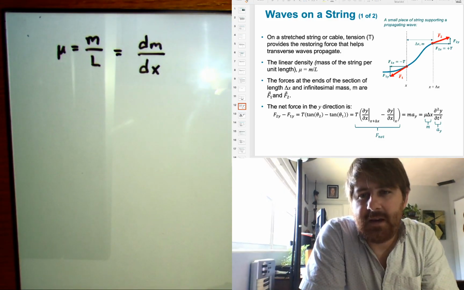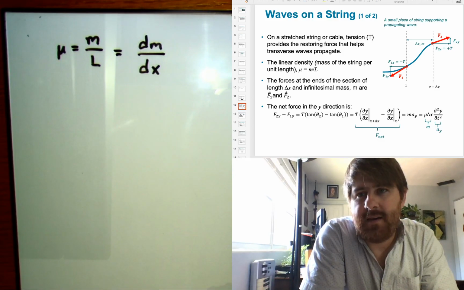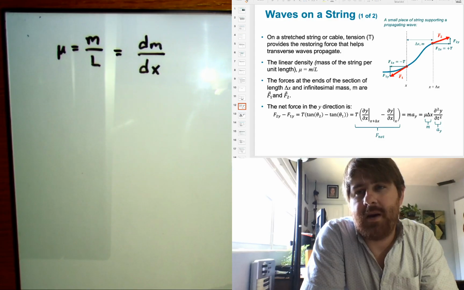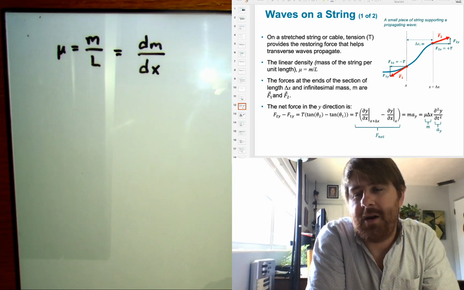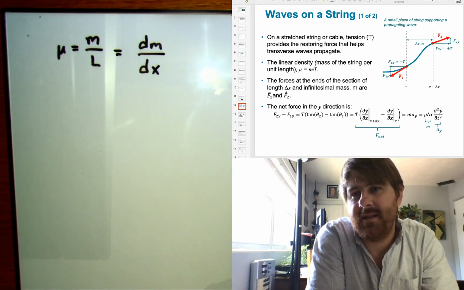So you can see in the figure up in the upper right that we have forces that are pulling on the string, and those forces are due to the motion of the string, so the other piece is pulling on it in the up and down direction, and also to the string tension. That's how tight the string is tightened.